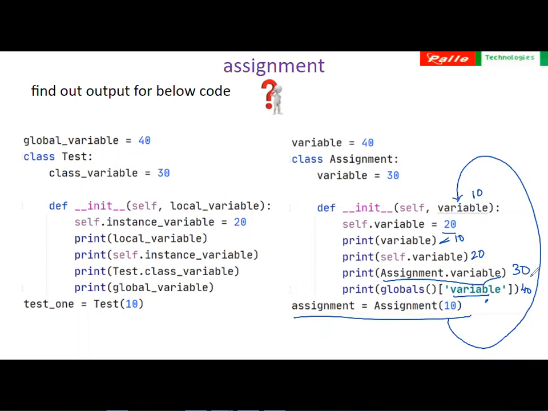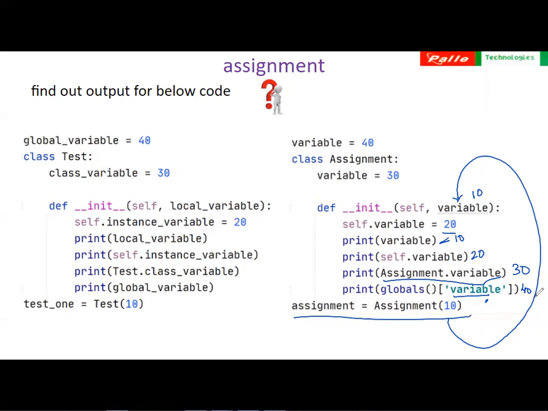We can have variables of the same name of different types. Got my point? You can have the same variable name for a class variable, global variable, local variable, and instance variable.